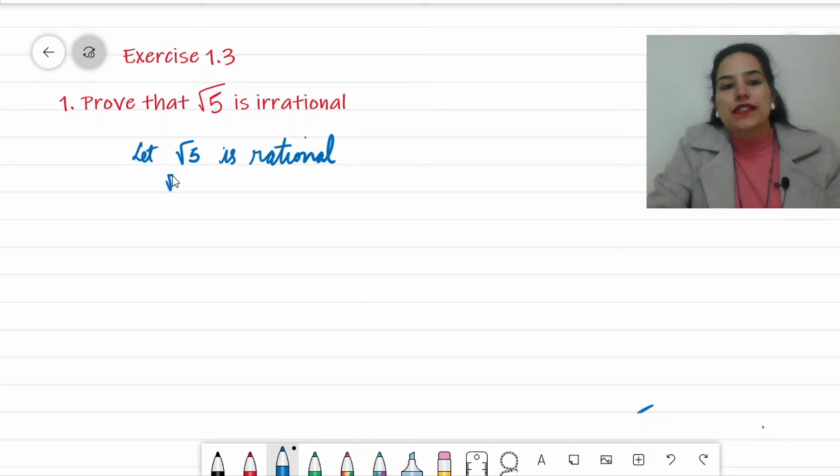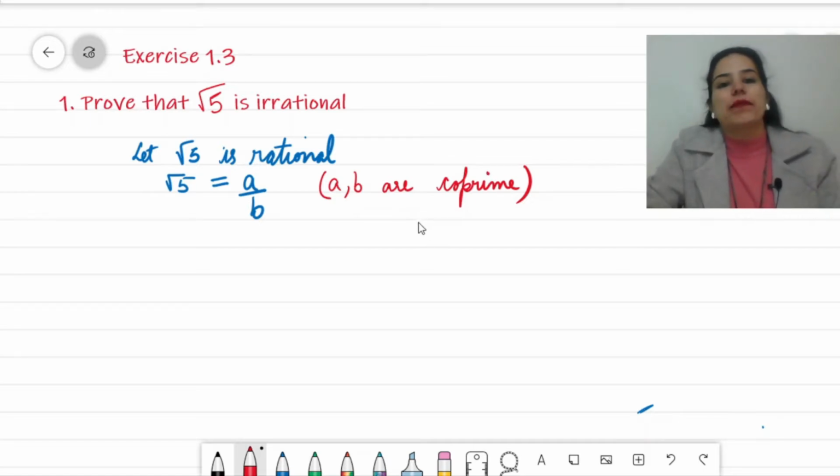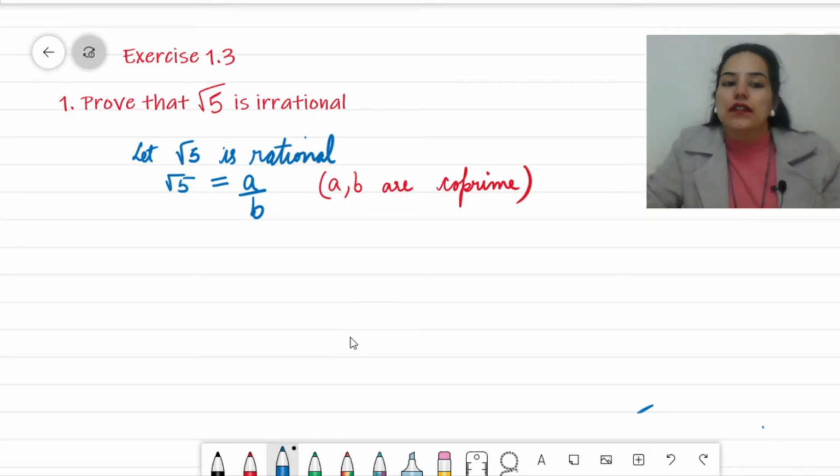So that means I can say that root 5 is equal to a by b, where a and b are co-prime. This is very important. Even if there were some other two numbers, we have cancelled the common factors and then reached a by b that are co-prime. This is very important because this is what we will prove as a contradiction.